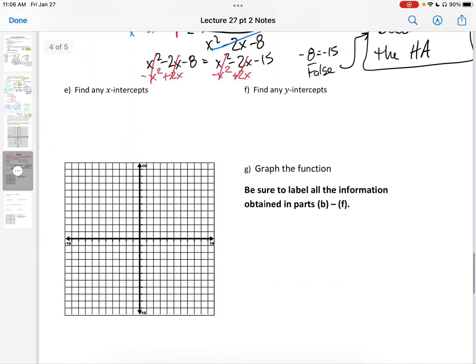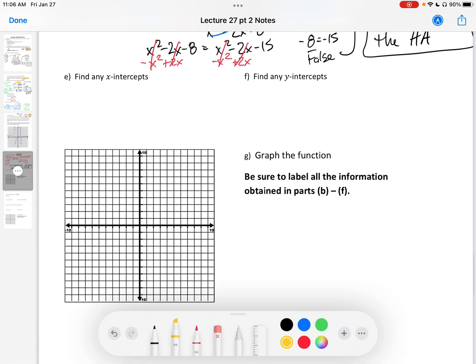So let's go back down to it. We need to find our x-intercepts. To find my x-intercept, I'm going to set my y value equal to 0. So I get 0 equals x squared minus 2x minus 15 over x squared minus 2x minus 8.